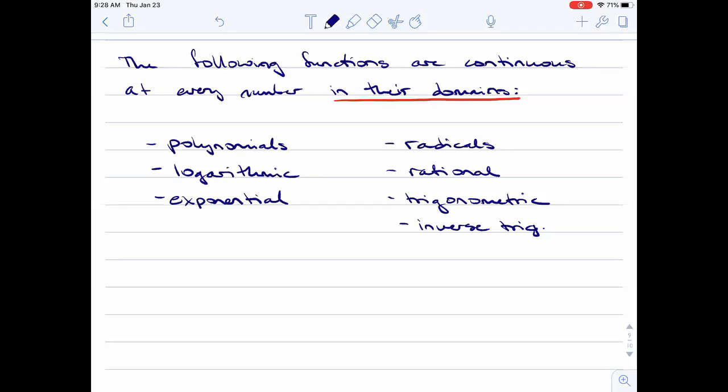That's what this is saying: if you know what the domains are, we're able to determine where these things are going to be continuous. A polynomial over a polynomial, you can't divide by 0, but everywhere else. And that's what we've dealt with, where we said, I'm going to try to factor things out so that I can just plug in a value, and that value is in the domain of that function.